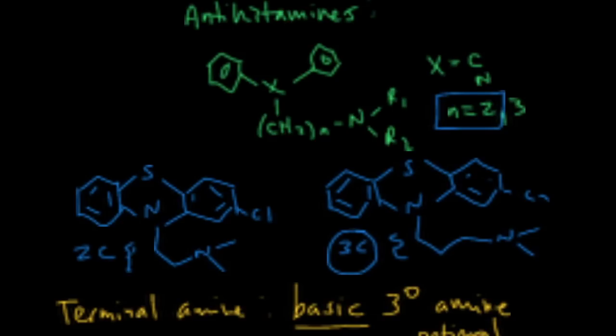So the left one's more antihistaminic because it has more of the antihistaminic 2 carbon side chain, 2 carbon rather than the 3 carbon antipsychotic chain.